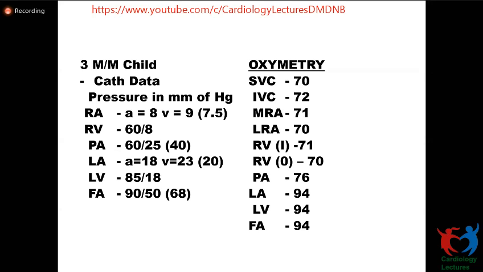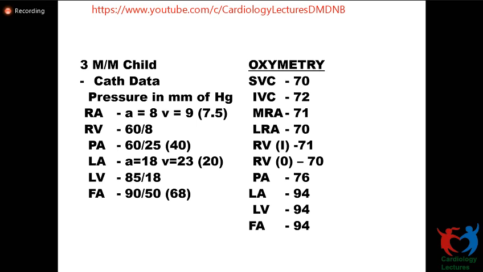The RV systolic pressure is high, that is 60, and corresponds to the pulmonary artery. Before you go to that, you should also mention that there is no gradient across the tricuspid valve.